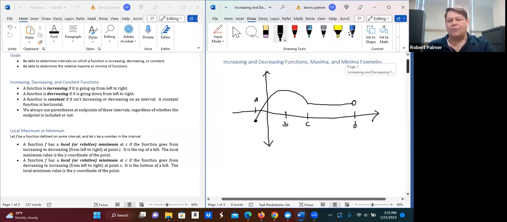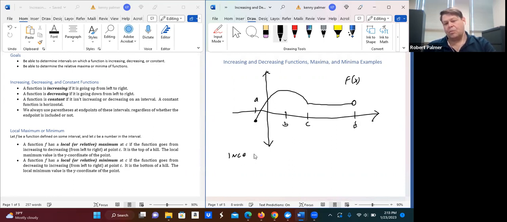Taking a look at this graph, once again, let's say this is our function f of x. Then let's talk about these different places where it's increasing, decreasing, or constant. The graph starts right here at A, where it's increasing, anywhere it's going up from left to right. Here, there's only one place where that's true. It starts increasing at A, and then it keeps increasing until it gets to point B, and that's where it stops.